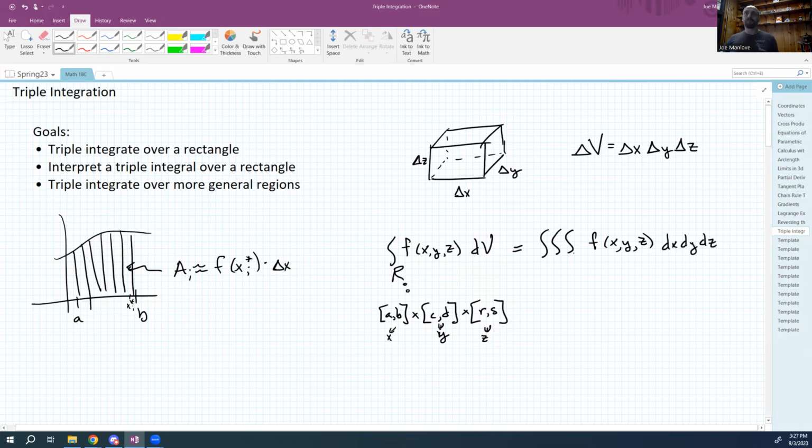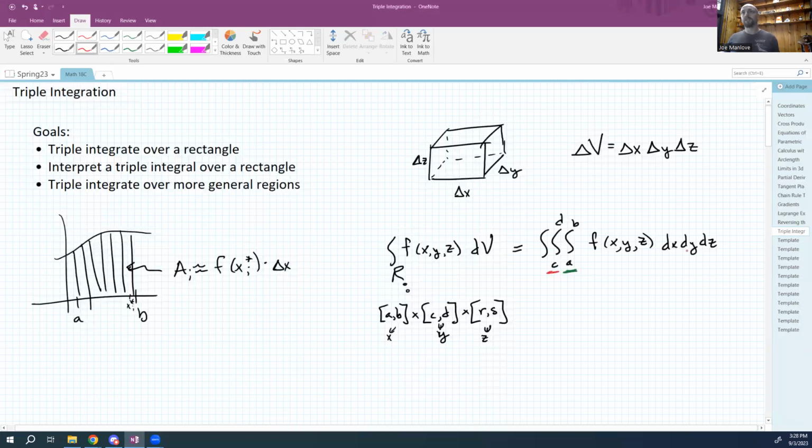X, Y, and Z. Then this first integral is going from A to B because that's associated to X. So these bounds here go with this variable here. The Y bounds are going to go from C to D. That's going to be my second set, the middle set.